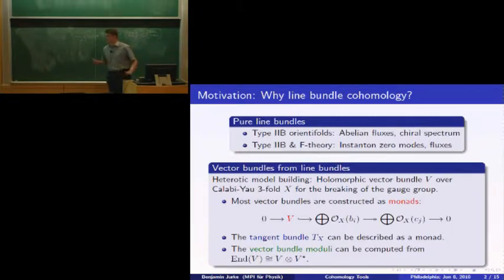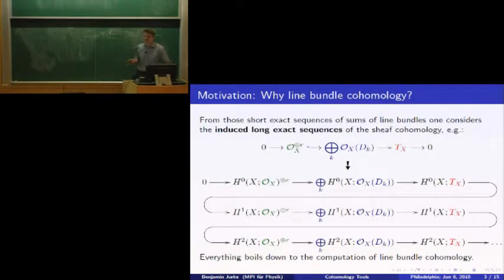The tangent bundle of a toric variety can easily be described as a monad, and from that you can compute vector bundle moduli, which are counted by the endomorphism bundle, and you can dissect this into a couple of short exact sequences. So one important point is that you can dissect whatever you want to compute into short exact sequences. And this is basically the reason for that.